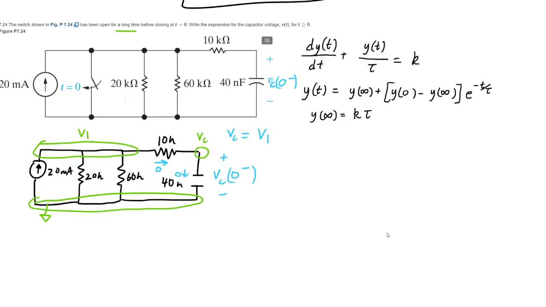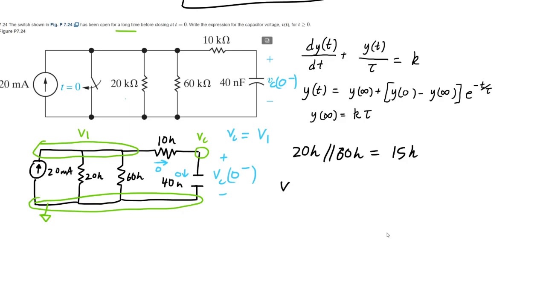And to do that, we can either do the whole KCL stuff, split the currents, or we can just do an equivalent resistance and do Ohm's law. So I'm going to do that. We have 20 kilo ohms parallel with 60 kilo ohms, which is going to be 15 kilo ohms.